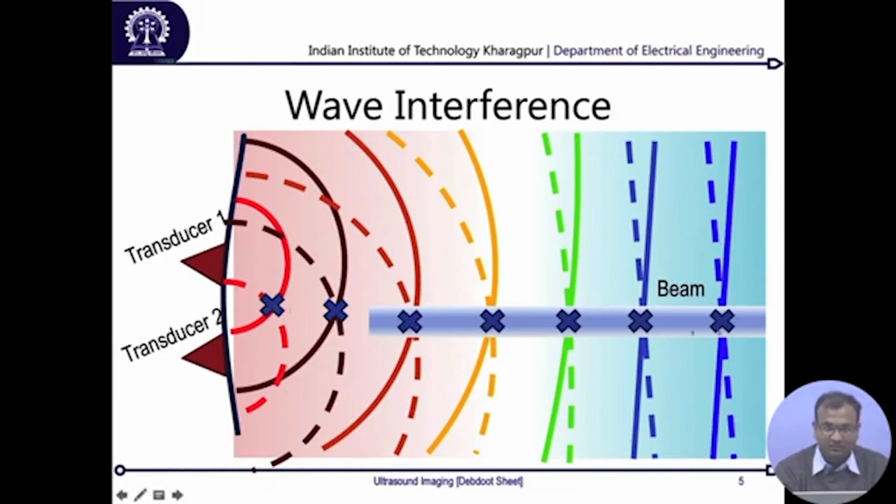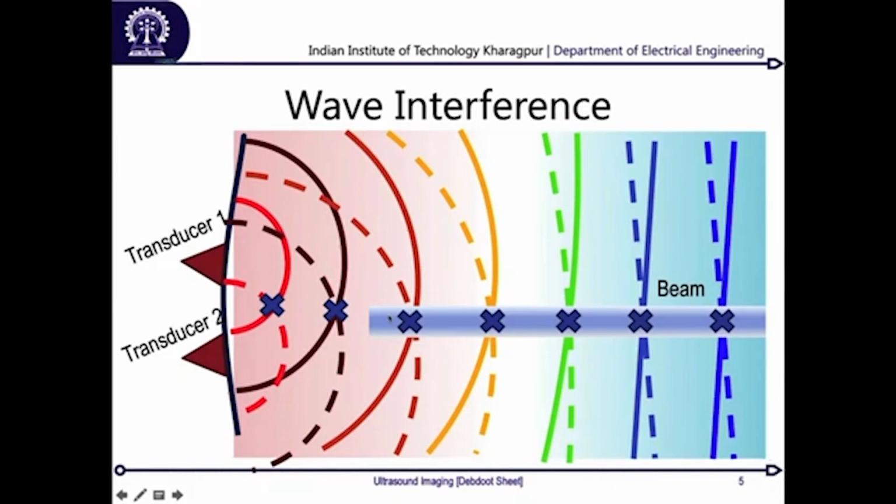Over here this beam will keep on being a straight line, whereas over here there are different points where they interfere with each other. That is the reason why in the near field we do not do imaging, because you do not have a very concentrated beam formation happening in the near field, although the amplitude of the energy signal is much higher over there. Why that is higher eventually comes down to material properties, and we will discuss that.